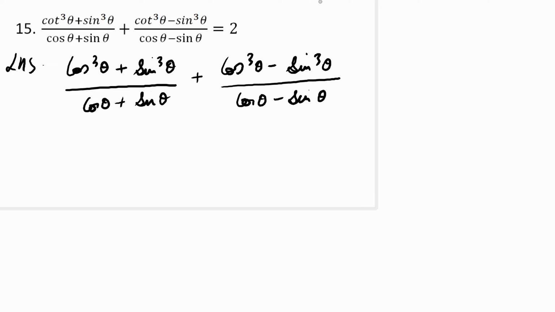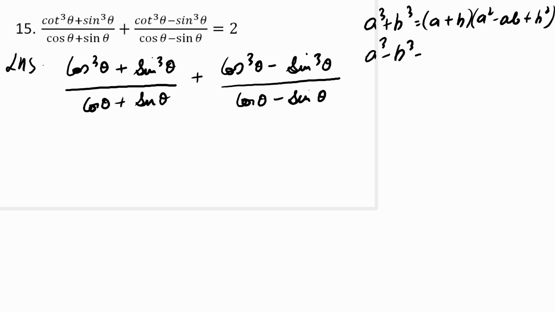So what can we say? We start with a cube plus b cube is equal to a plus b, a square minus ab plus b square. A cube minus b cube is a minus b, a square plus ab plus b square. So what can we write down over here?